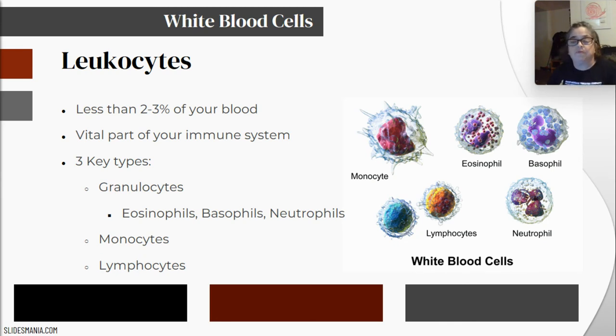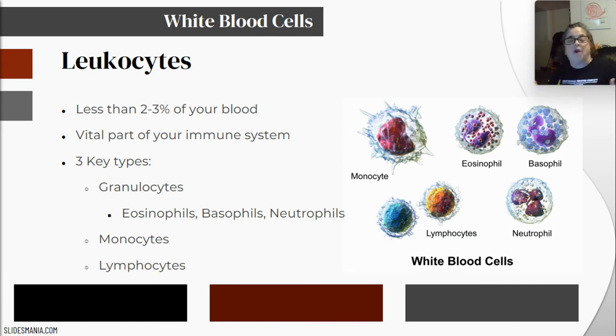Eosinophils specifically help fight infections caused by parasites. Monocytes break down and remove foreign organisms and dying cells from our body. So they help keep things cleaned up and help keep a bunch of garbage from building up in our system. And the lymphocytes are really key parts of our immune system.